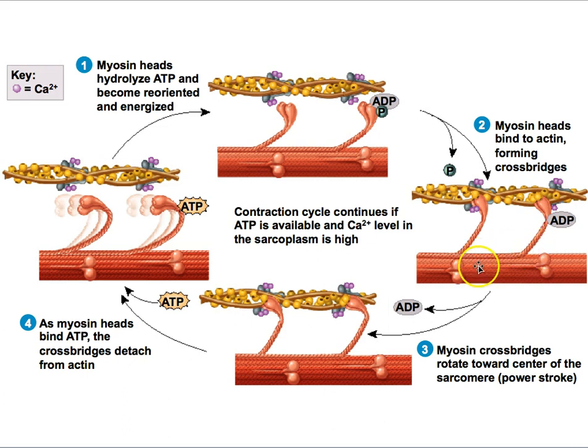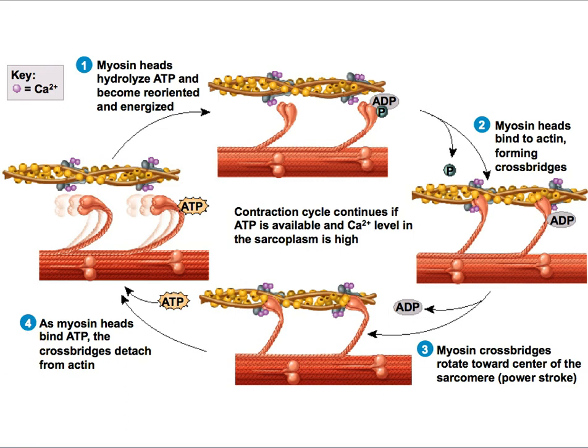As it pulls, it releases the ADP and then snaps itself off of the actin, where it can then bind ATP again, and this continues through this sort of four-step mechanism as long as calcium is available. It also means as long as ATP is available. So if there's no ATP, this doesn't happen. If there's no calcium, this doesn't happen. That's why I would normally say that ATP and calcium are limiting to this.